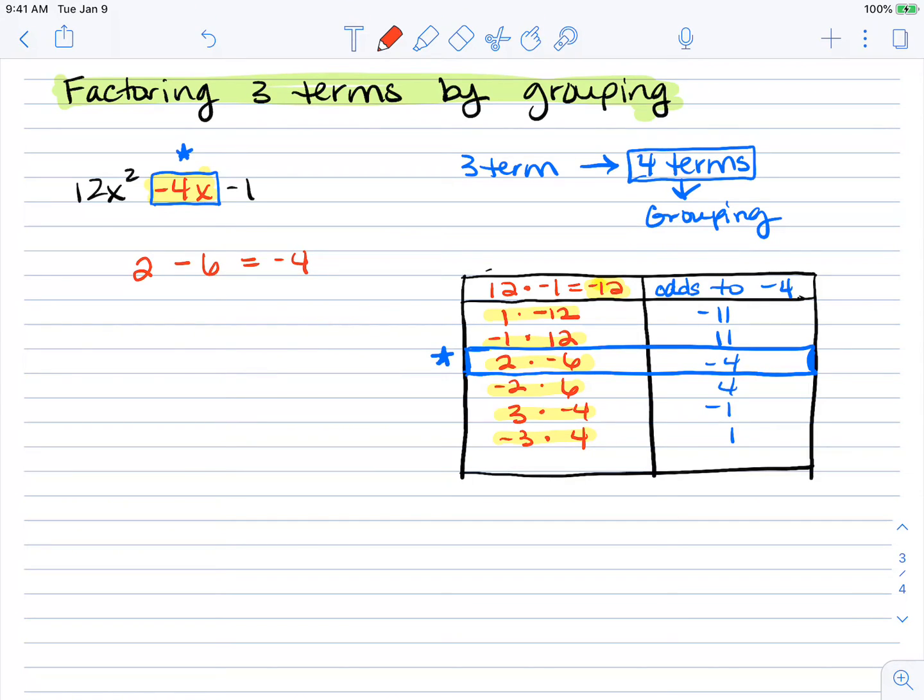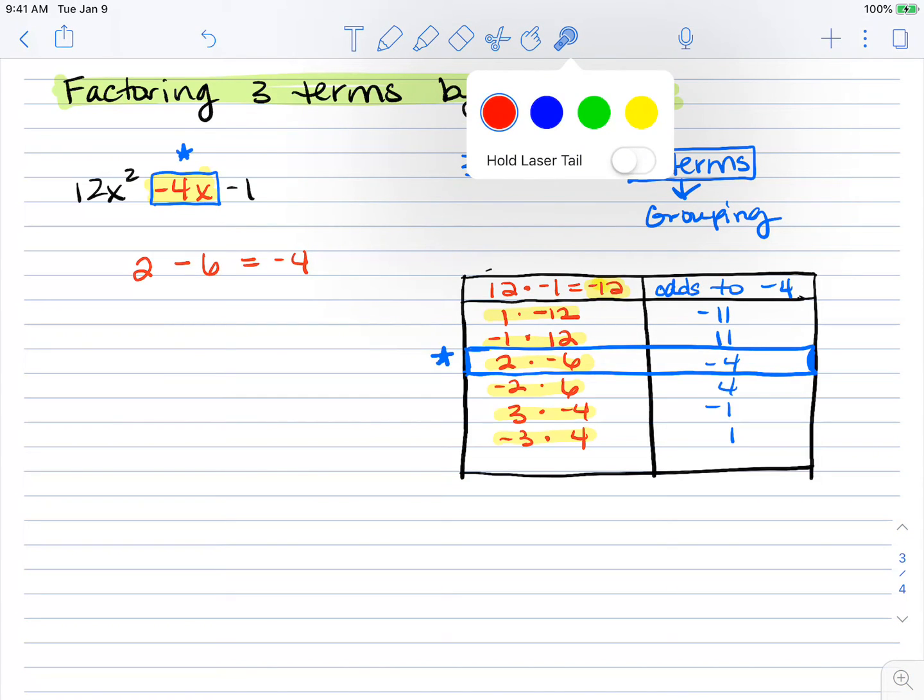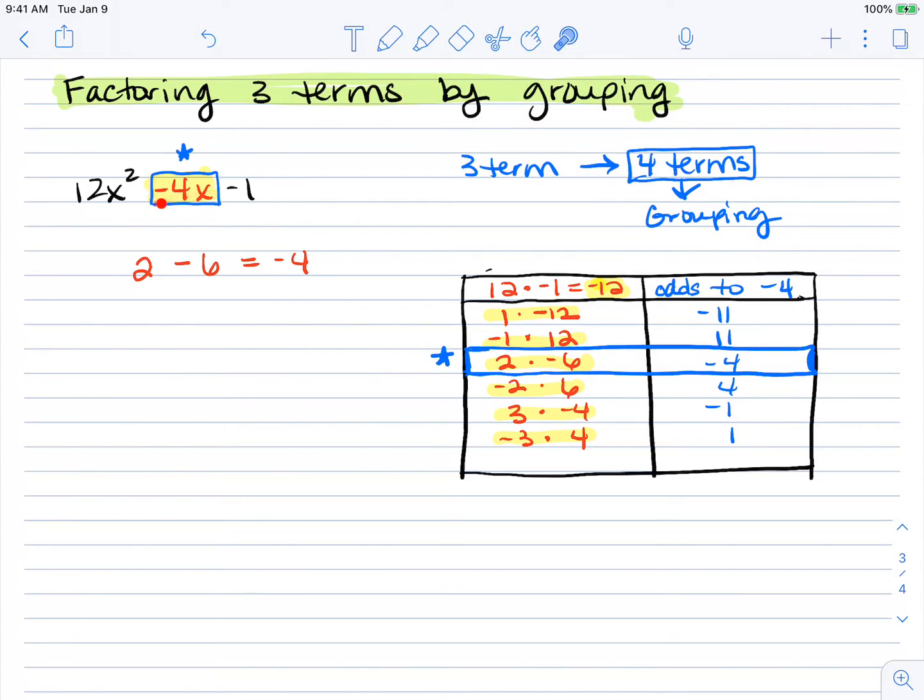But my goal is to get it to be really this -4x. So that means I want a positive 2x and a -6x to add to a -4x. That way, these things have the same value because 2 minus 6 is -4.